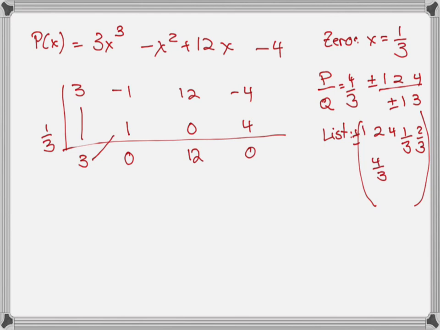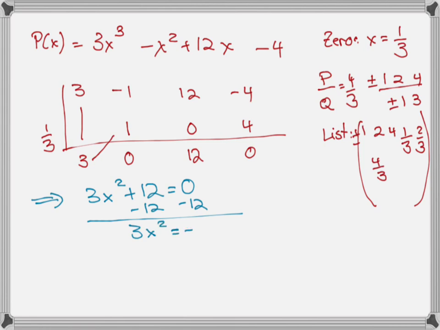What we need to factor? 3x squared plus 12 needs to be now solved. How? Subtract 12 and move the 12 to the other side, and then divide both sides by 3. Then you can take the square root of both sides. X squared is -4.